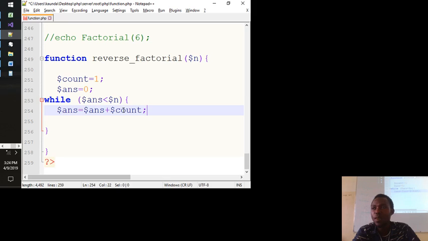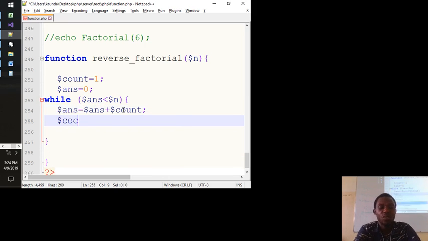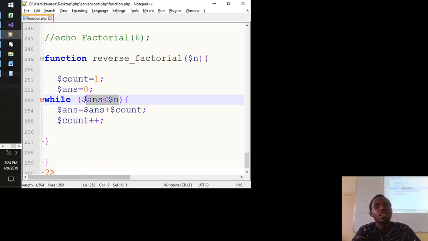This will now be incrementing the count. Count plus plus. So the next loop count will be 2, the next one count will be 3, count will be 4, 5, 6. And then you will be checking against this condition. So once it gets there, the value of count is actually the number that if you factorialize, you get that figure you've been given.